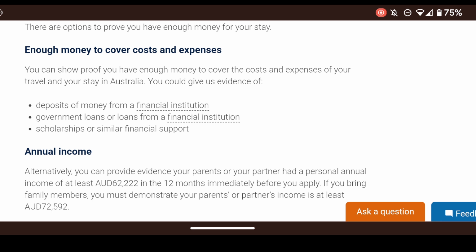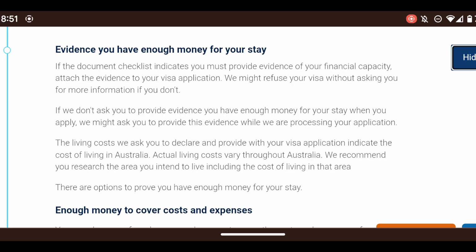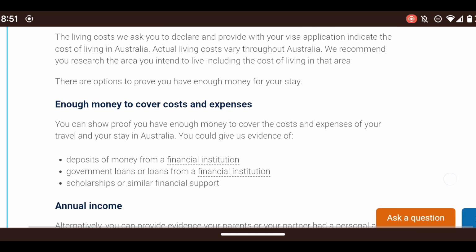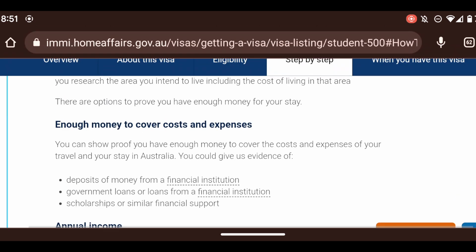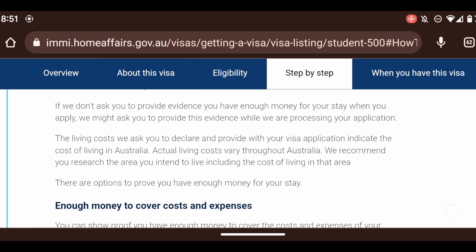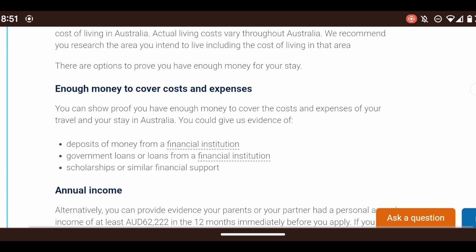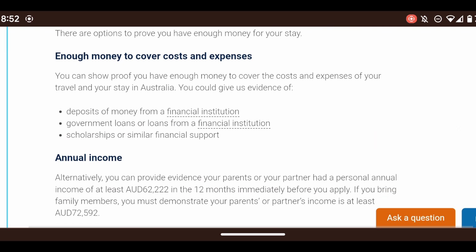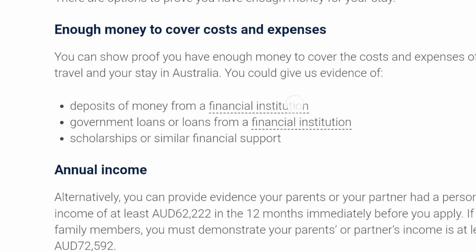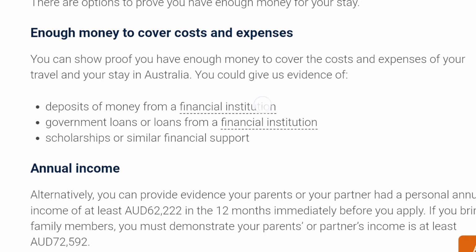They are looking for money that will cover your school fees for only 12 months, your living allowance for only 12 months, and the cost of flight to and from Australia. So you have to buy a return ticket. The only way to show that you have this money is for it to be available in a financial institution, that is the bank, or you have a scholarship or financial support.